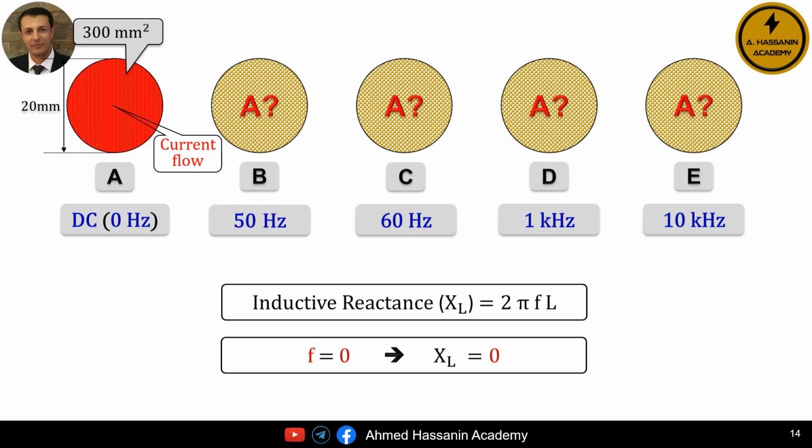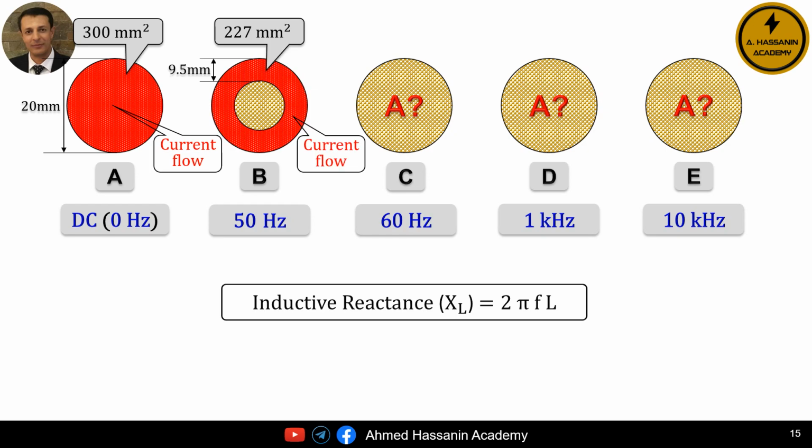But in the case of conductor B, this conductor is used in alternating current AC circuits with a frequency of 50 Hz. Therefore, since there is a frequency or alternating current, the skin effect will be present. Accordingly, based on the equation inductive reactance equals 2 pi FL, there will be an inductive reactance XL of a certain value.